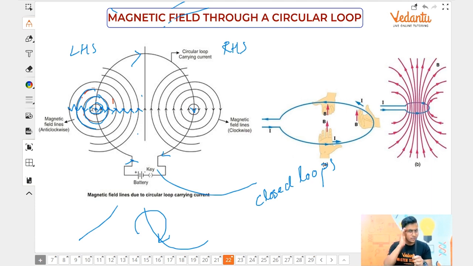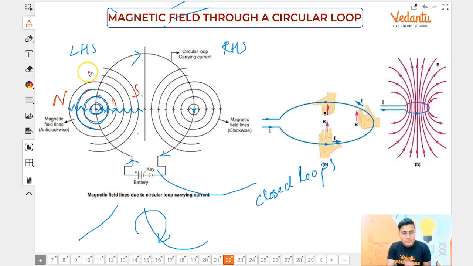Think very carefully. The place from where the magnetic fields come out, what is it called? North pole or south pole? Very good. The place from where all the magnetic field emerges is called the north pole. So we can consider very clearly that this is a north pole. And the place where all the magnetic field goes inside is called a south pole.